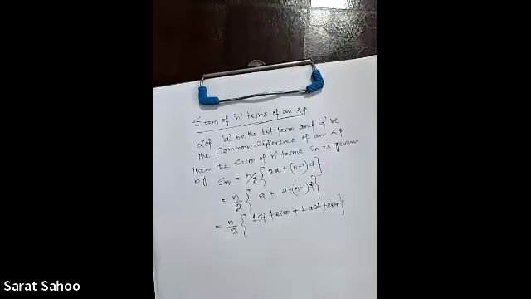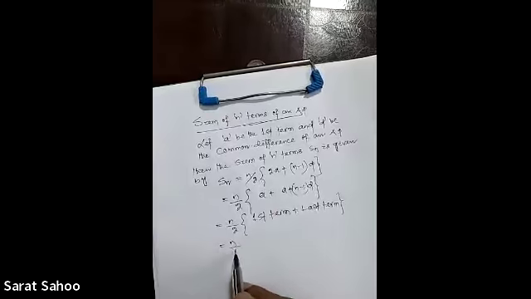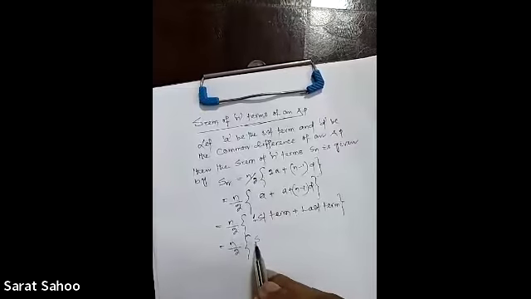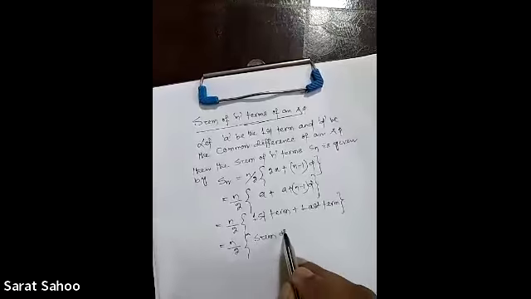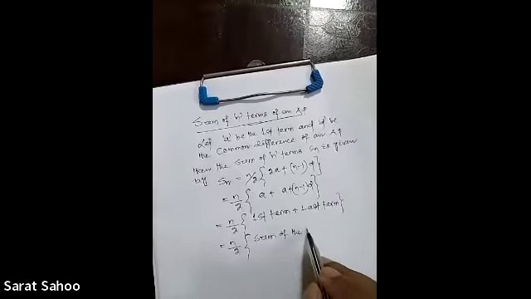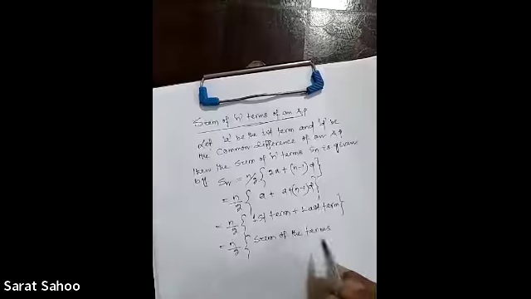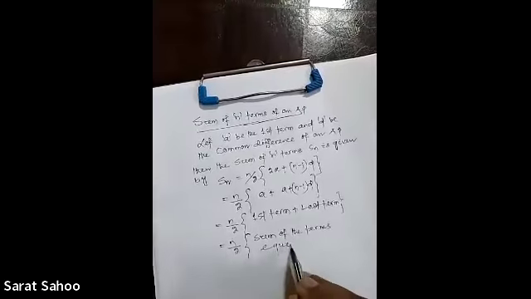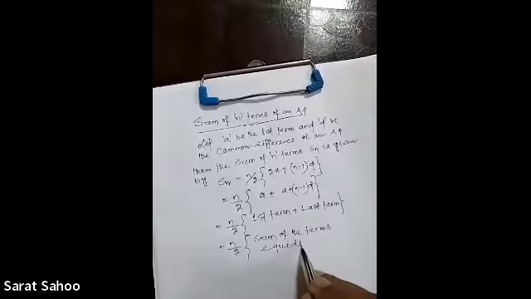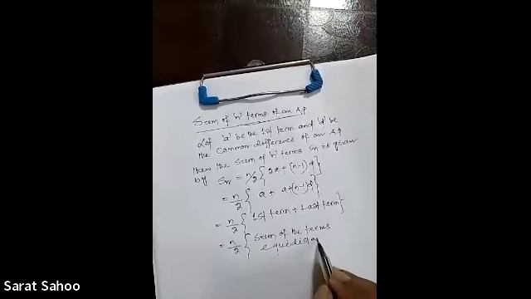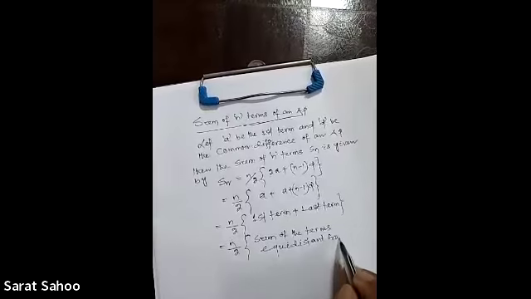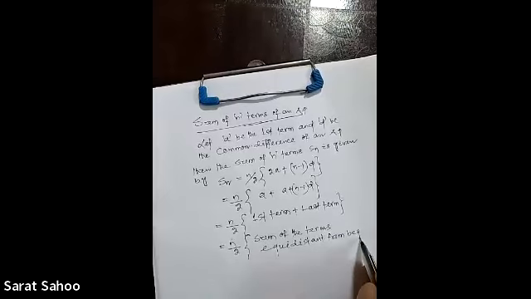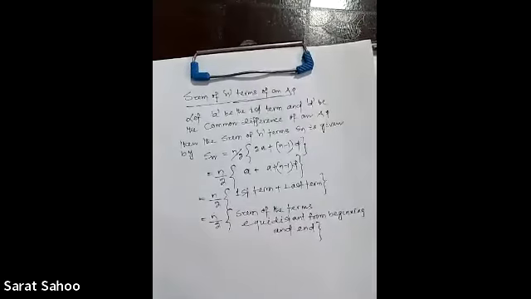This is equal to n by 2 into the sum of the terms equidistant from beginning and end.